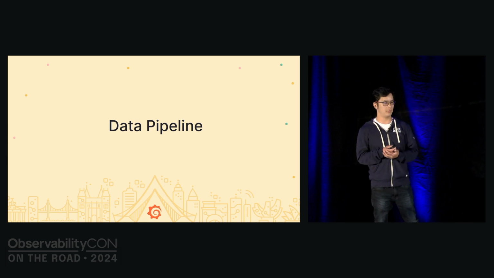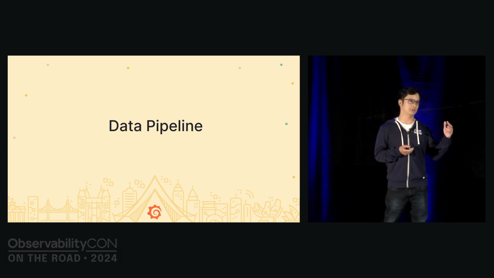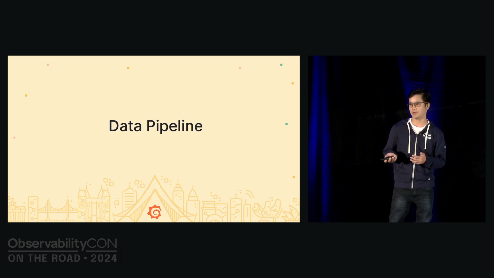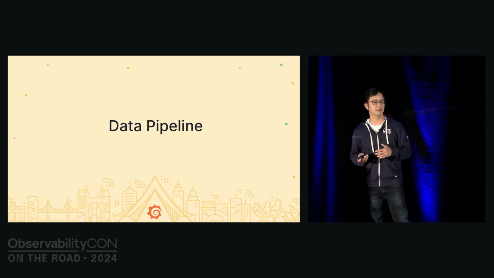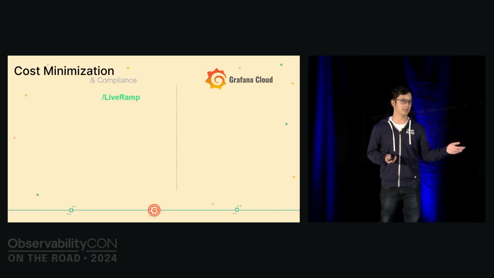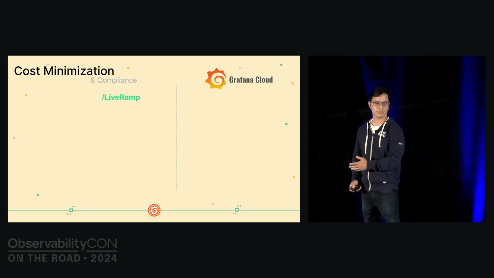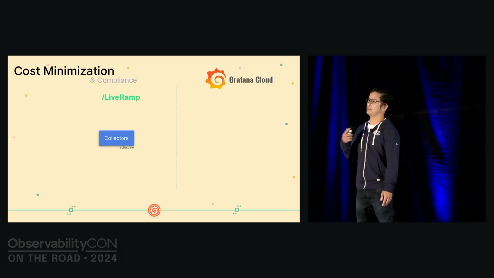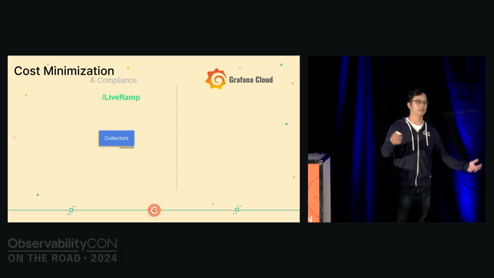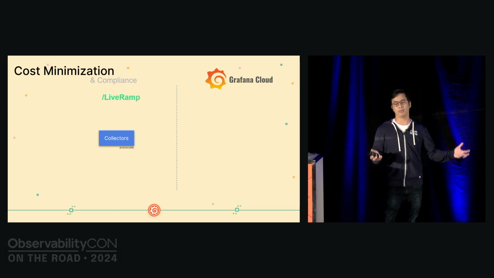so to achieve our number one goal, which is to cut costs as well as compliance, I'm going to show you our data pipeline. Okay? So you see here on the left is LiveRamp, and on the right is Grafana Cloud. And at the LiveRamp side, we stood up a bunch of collectors.